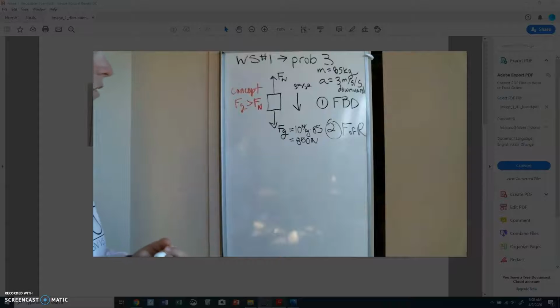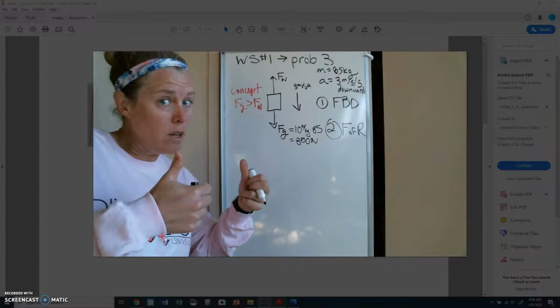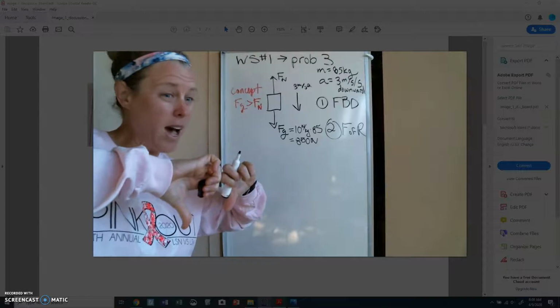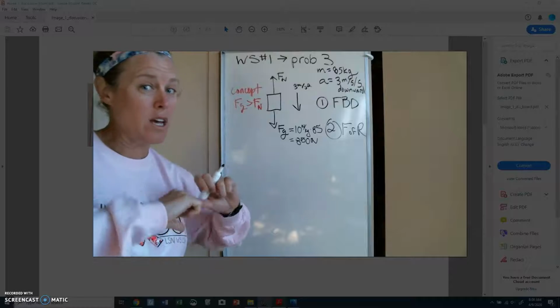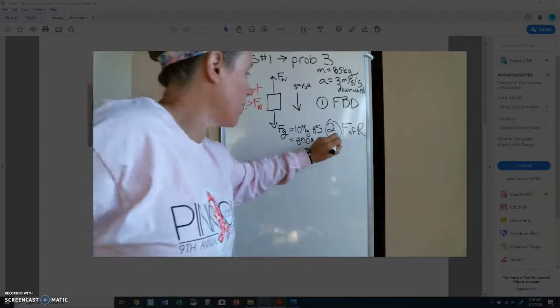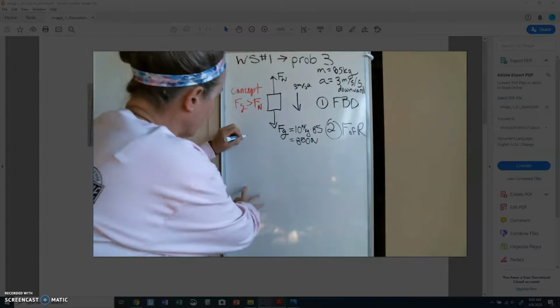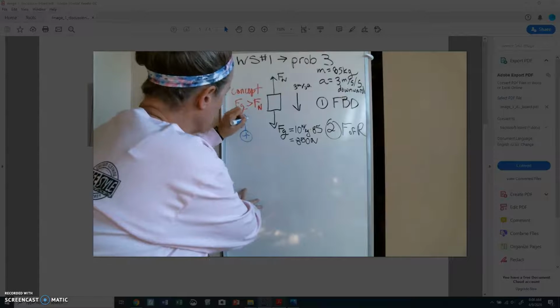Two, frame of reference. Establish your frame of reference. What do you want up to be? Do you want up to be positive, which is normal, or do you want down to be positive? I could do this whole problem with down as positive. You would hate it, but you can do it, okay? Now I usually do frame of reference where I say positive is up.